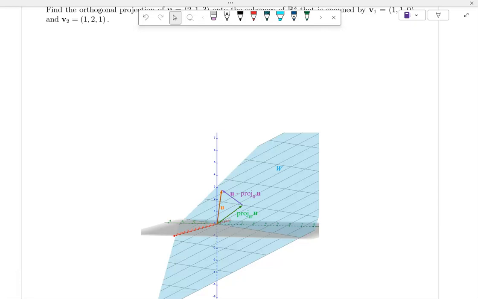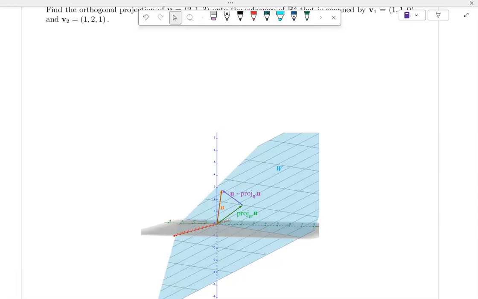What I want to try to figure out is this greenish vector here. Basically, it's a shadow of my U sticking up, right? So I've got some vector U not in my subspace, and I want to project it onto the subspace.